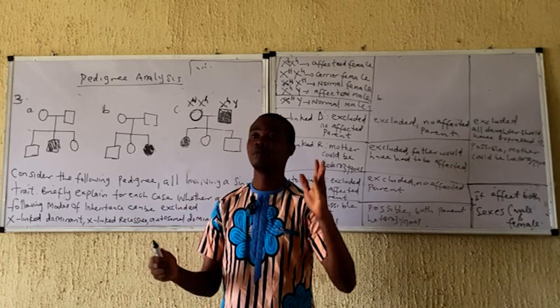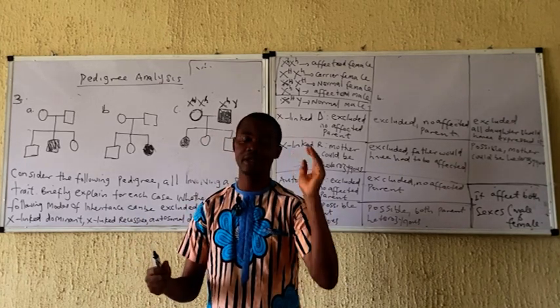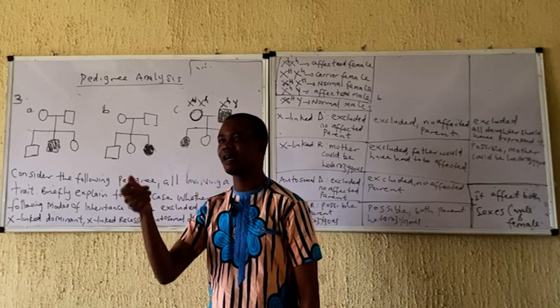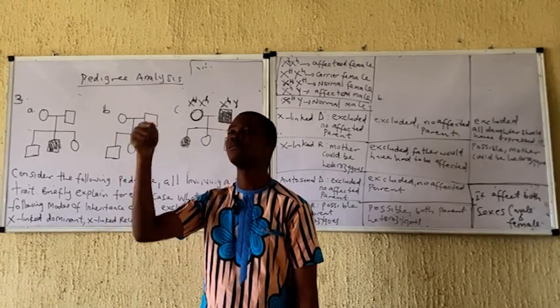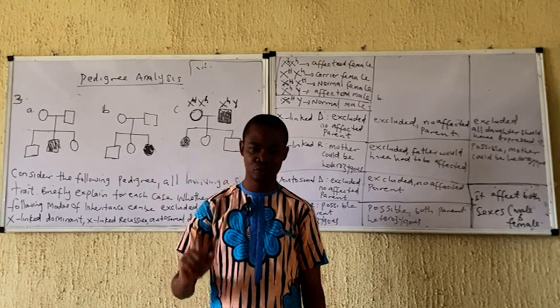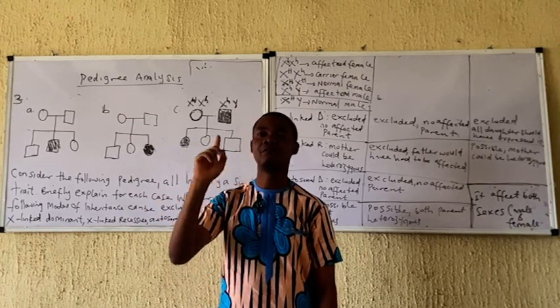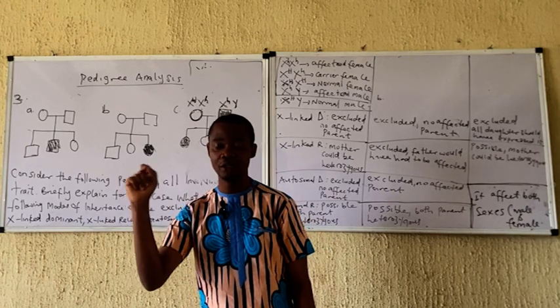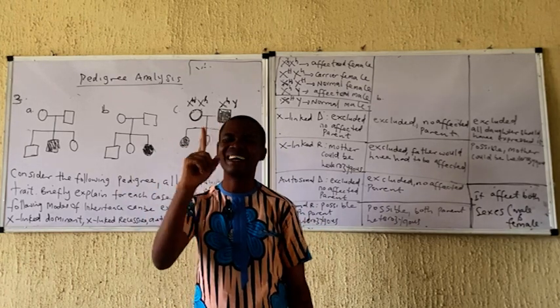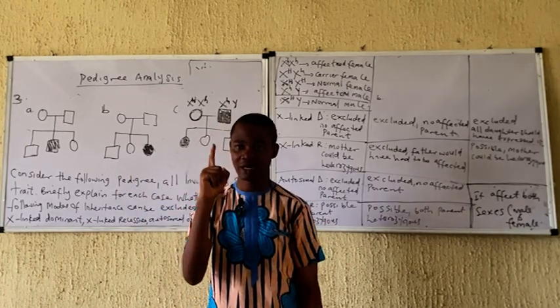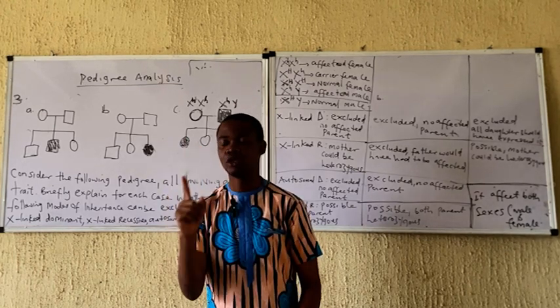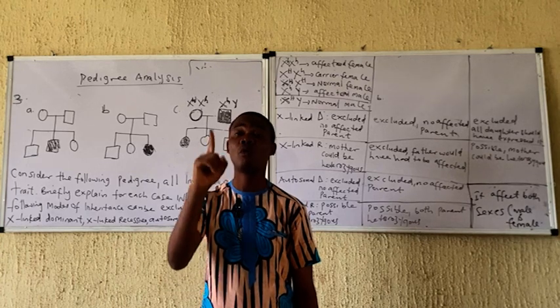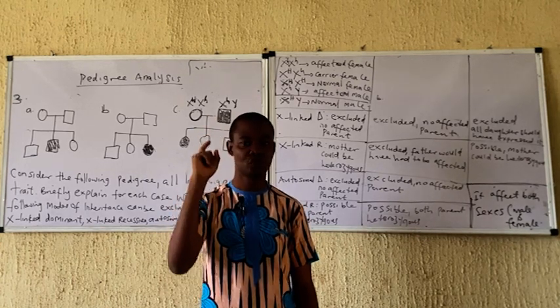For male we have XY, for female we have XX. X-linked genes are only on the X chromosome. So a male individual will always carry only one gene for that trait, because he only has one X chromosome.